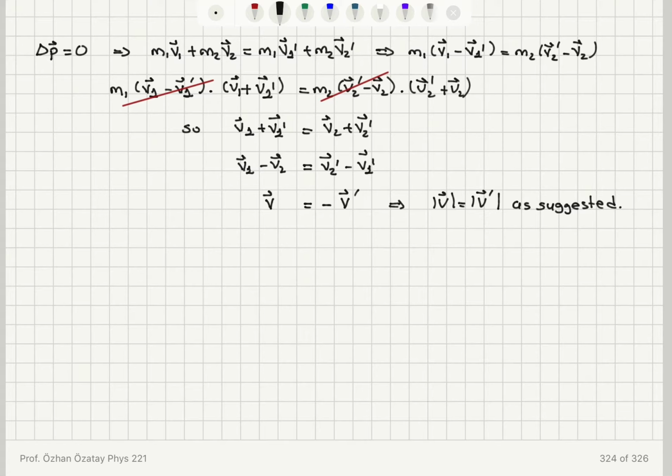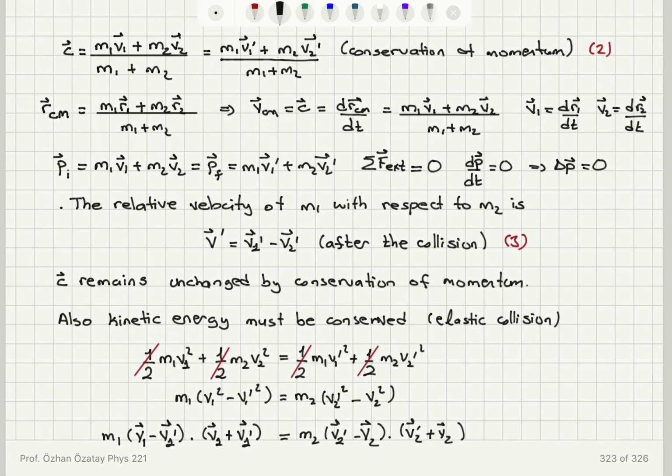Okay, so we will continue with our calculation from equation 2. So let's go back to equation 2.